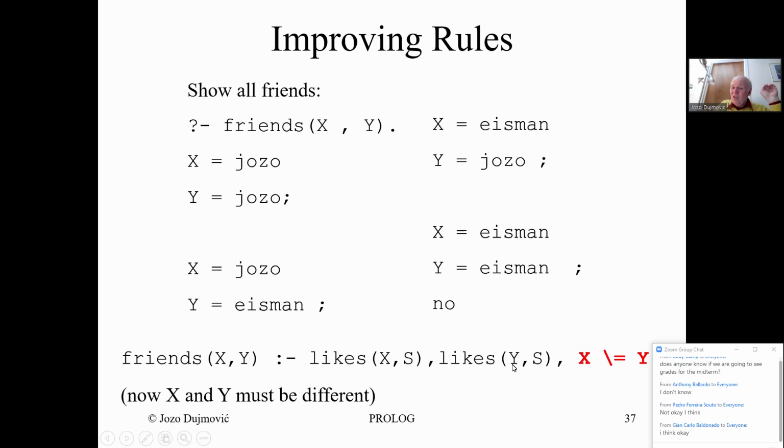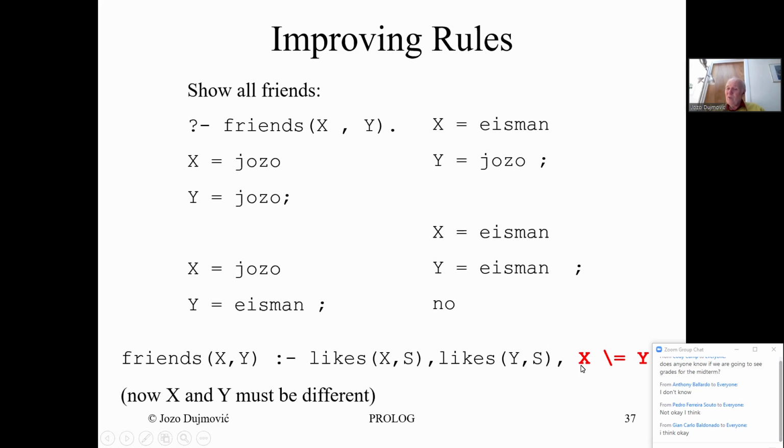Predicate relationship is generating the values of X and Y by going through the database of facts and finding matching. So this likes is instantiating Y and S. This here is a passive test of sameness of already instantiated variables. This is not a predicate that generates new values from the database. So all these relationships, equal, not equal, whatever you put, have to be done with instantiated variables.